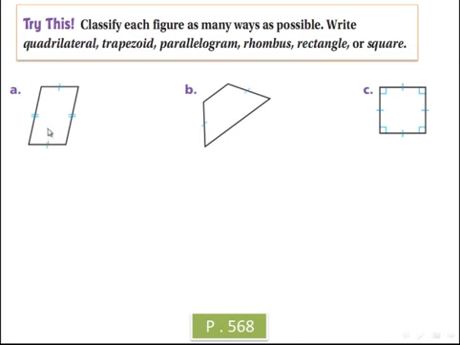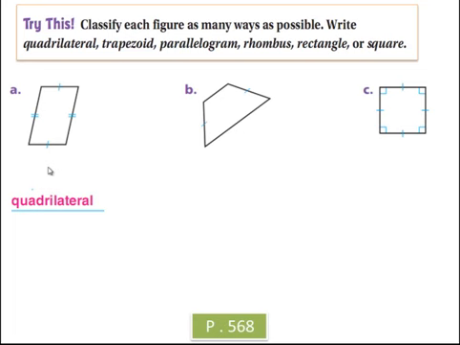In the shape A, you should tell me what it means. Firstly, all of them are quadrilaterals. They have a common name, which is quadrilateral.